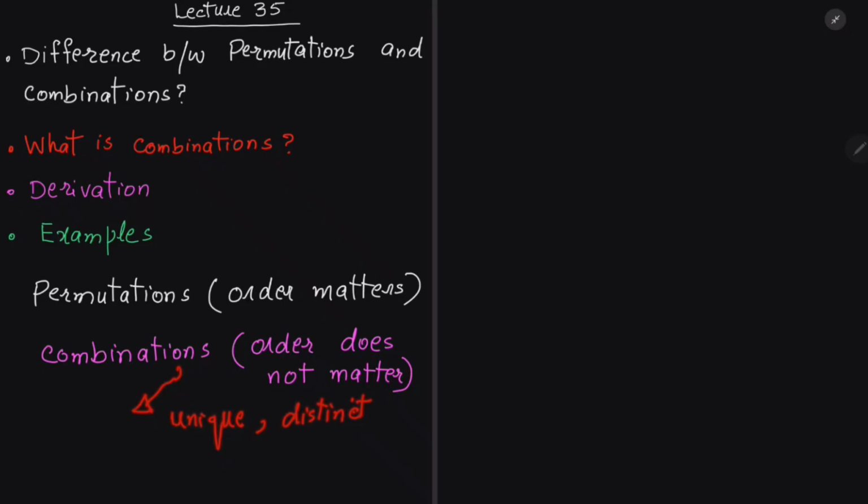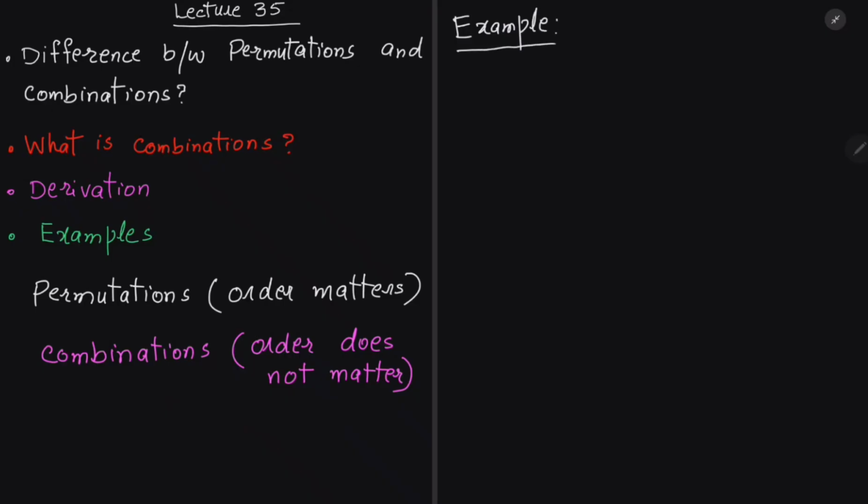Suppose we want to make a team, a cricket team or a hockey team, then you cannot make permutations, you make combinations. So let me go to an example and then we derive the formula for combination.